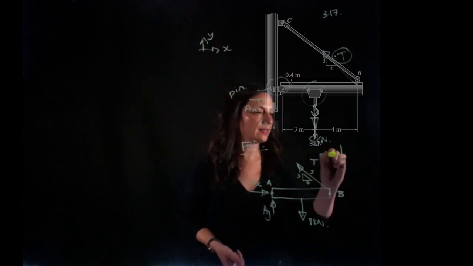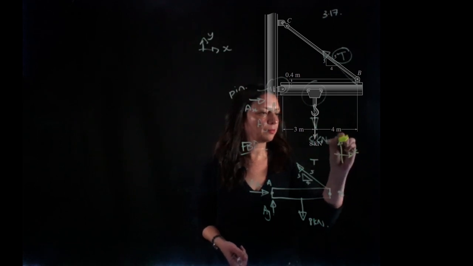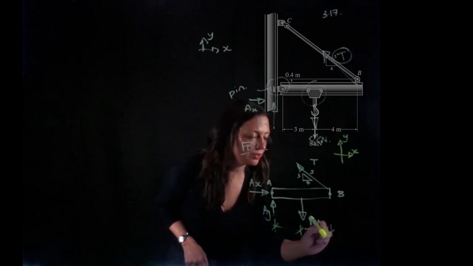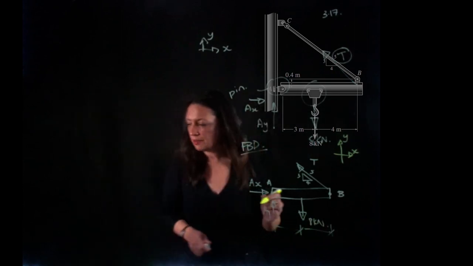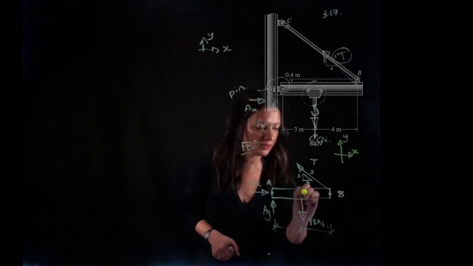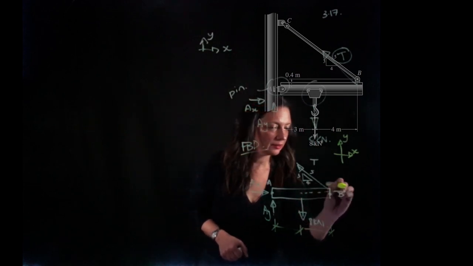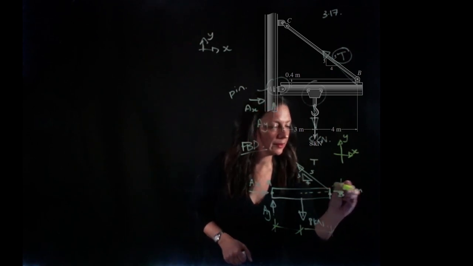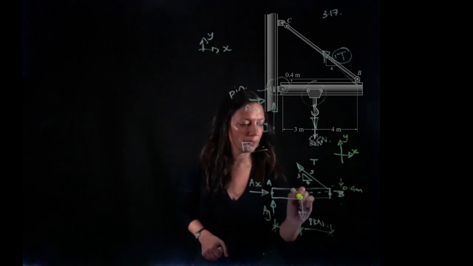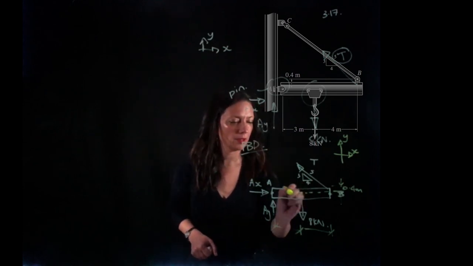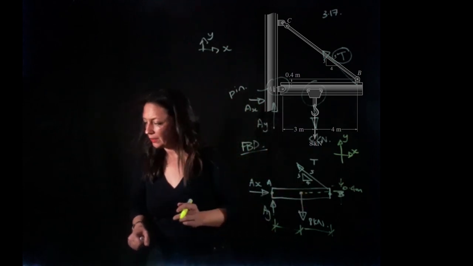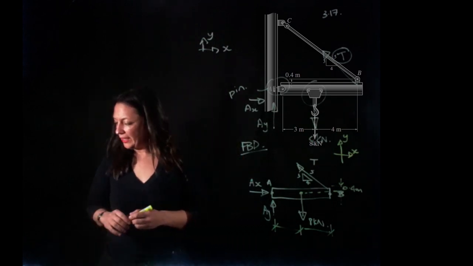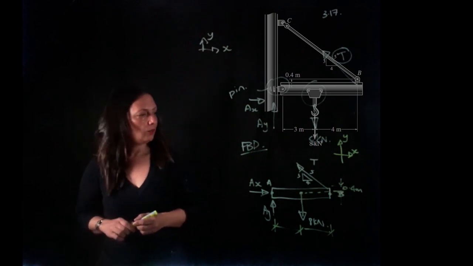We've got our axes, X and Y, and I just need to put some dimensions. So we've got dimensions here, and there's actually a height difference here of 0.4 meters. So it's not acting through the point A. So we have all our dimensions on there?